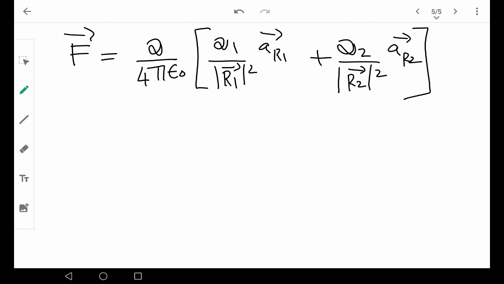You have Q equal to 10 nanocoulombs equal to 10 into 10 raised to minus 9 coulomb, right?